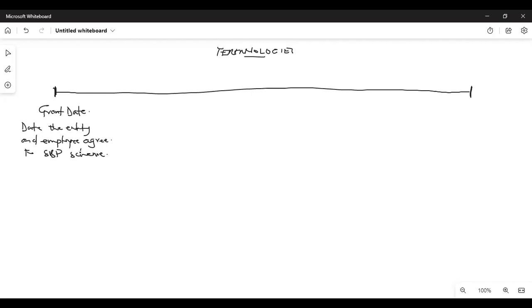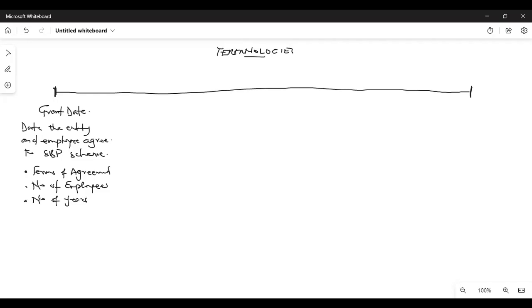So at the grant date, typically what you see is number one, the terms of agreement. Also here we talk about the number of employees who will be on the scheme. It's determined here. And the condition, the number of years they will be on the scheme.